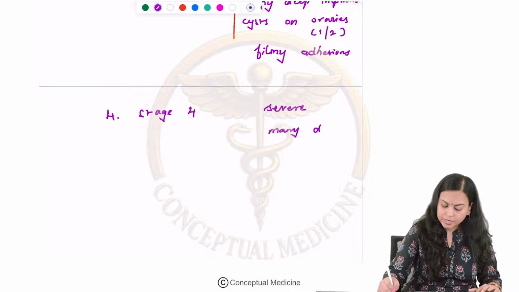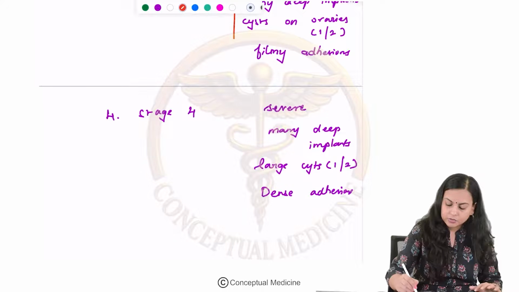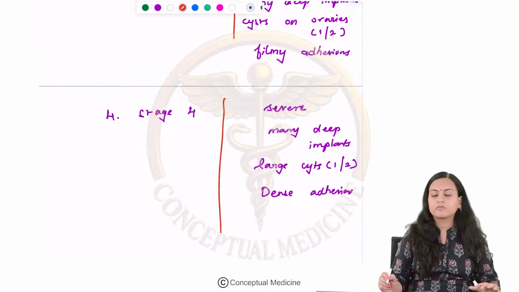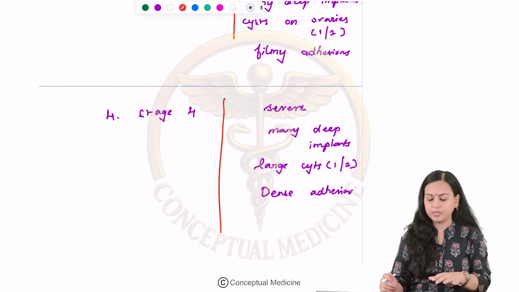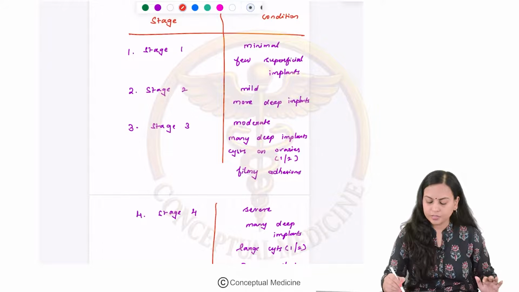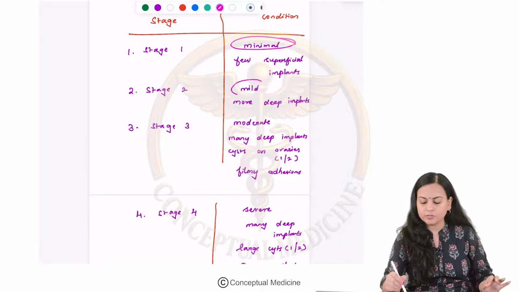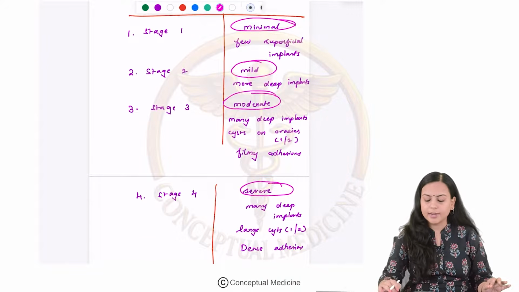You have many deep implants and there are large cysts, okay, that are present on one or both ovaries and many dense adhesions. Okay, so there is a scoring system for the endometriosis. I think that is quite vast for you people. So you just know what are the stages. Okay, so stage 1 is minimal endometriosis, stage 2 is mild endometriosis, stage 3 is moderate endometriosis, and stage 4 is severe endometriosis.